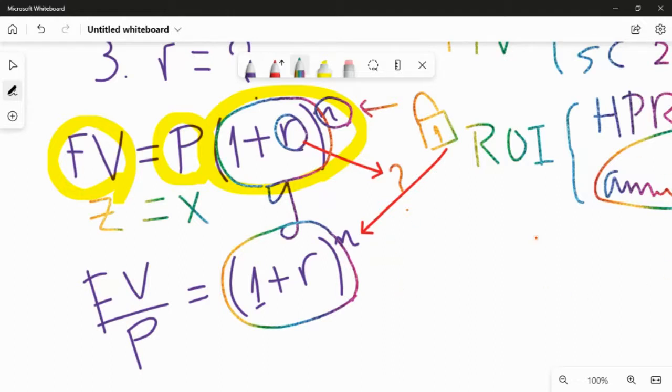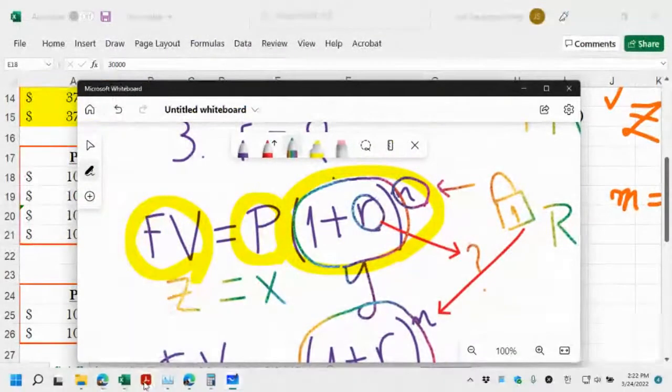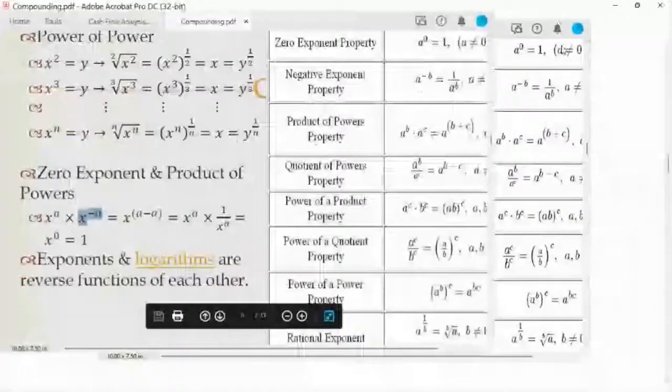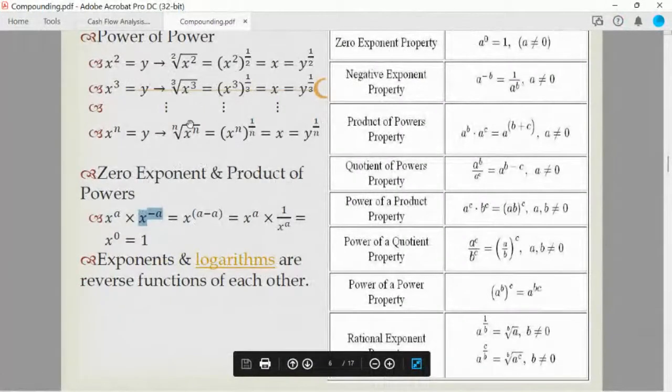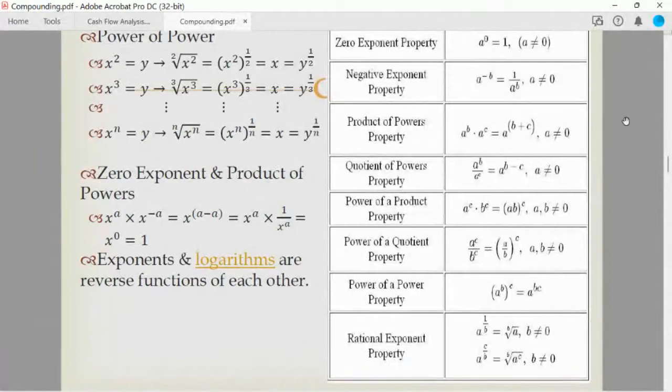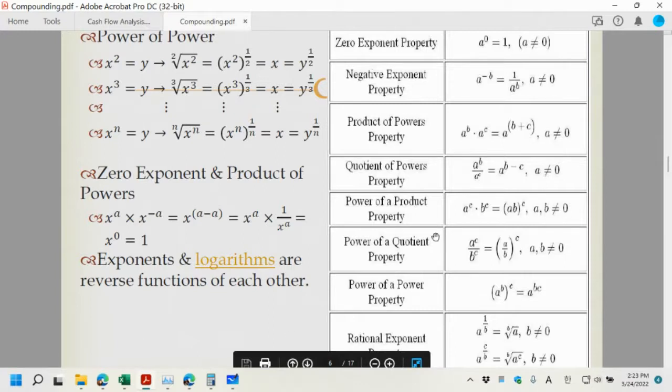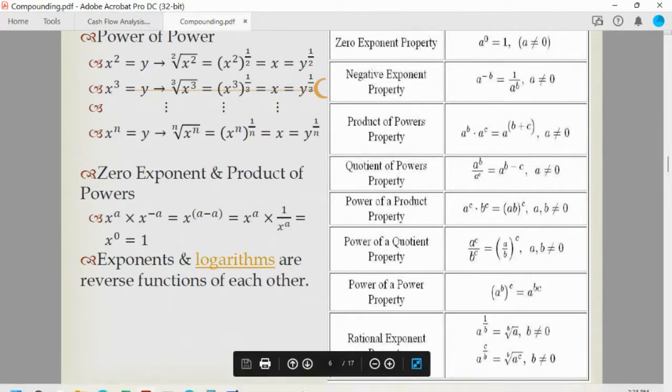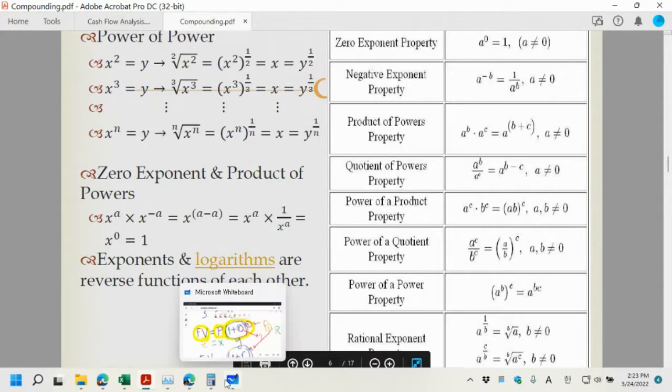To understand this, we need to refresh our memory on the exponents, the power functions. I told you to also download the PDF file, and in the PDF file, there is a basic refresher on the exponents. First of all, let's think about this. Product of powers, right?